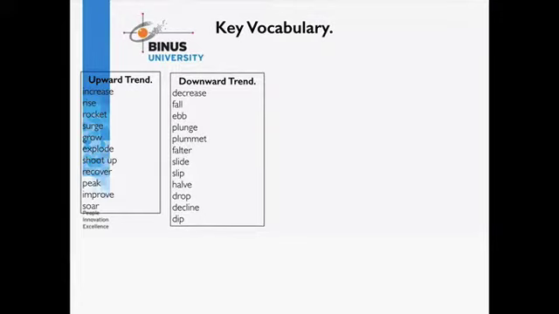Here are some words for downward trends: decrease, fall, ebb, plunge, plummet, falter, slide, slip, halve, drop, decline, and dip. Now, of course, all of these words mean some kind of downward trend, as the title tells you. So even if these words are new, don't worry too much. That is what they mean.